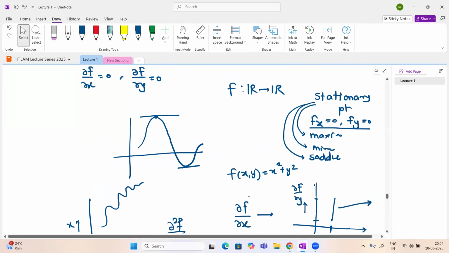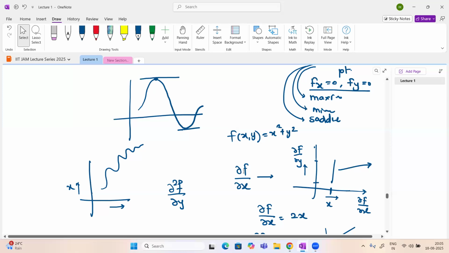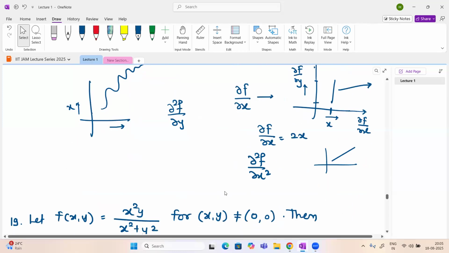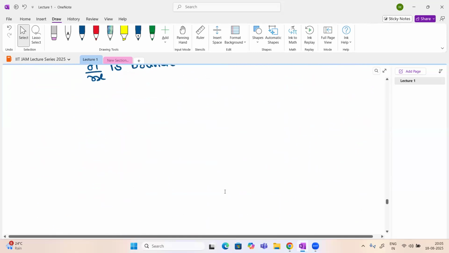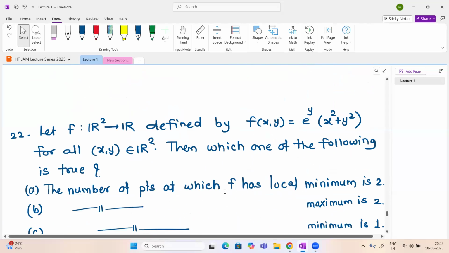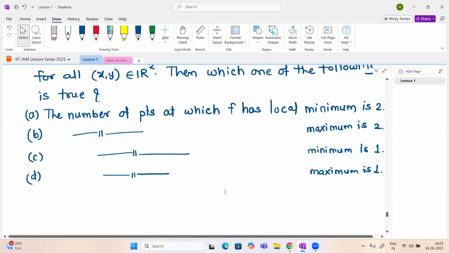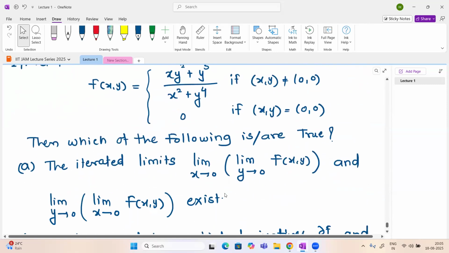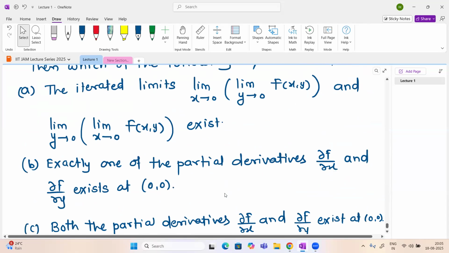You have one more lecture, right? Yes, day after tomorrow. Some of you told me that the spherical coordinate system also I was supposed to cover. Maxima, minima, some problems there, critical points, iterated limits and partial derivatives.